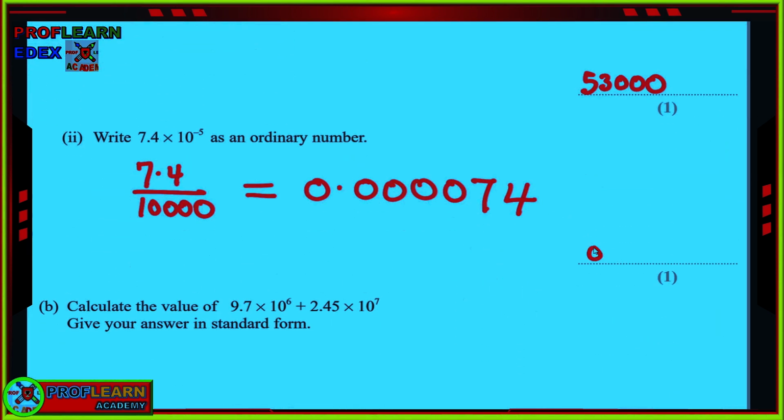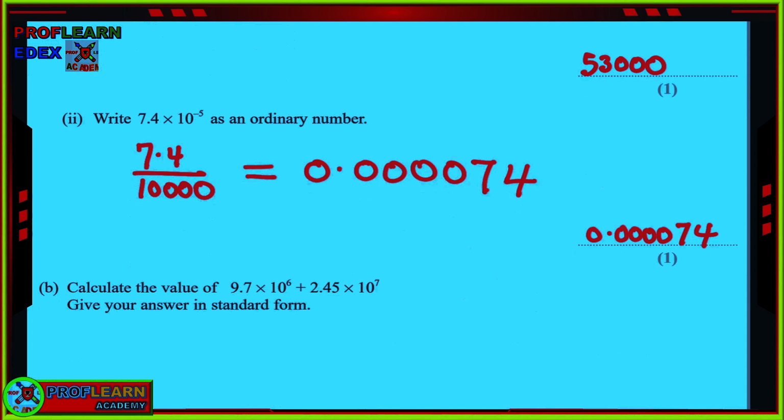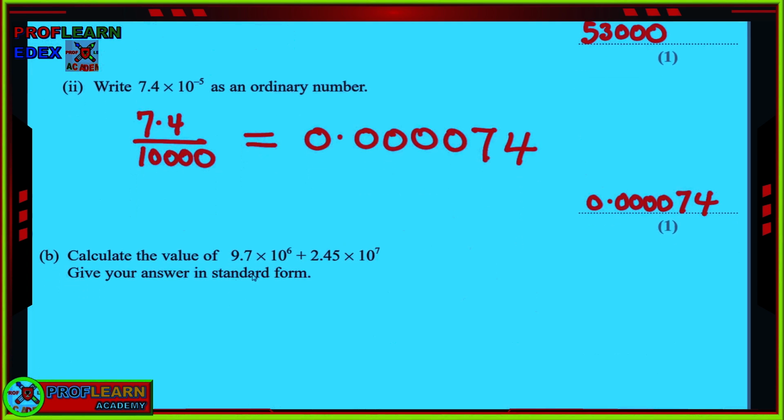So once you've understood how to convert numbers in standard form to ordinary numbers, you'll also need to know how to calculate. I want to remind you that you can see now the powers are not the same. I can express this to power 6.